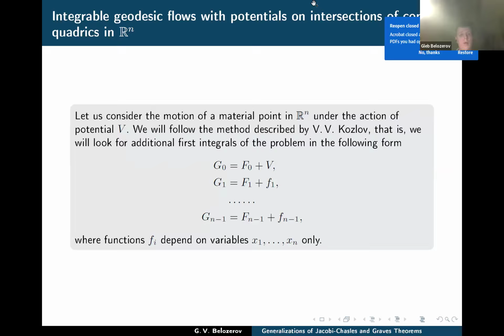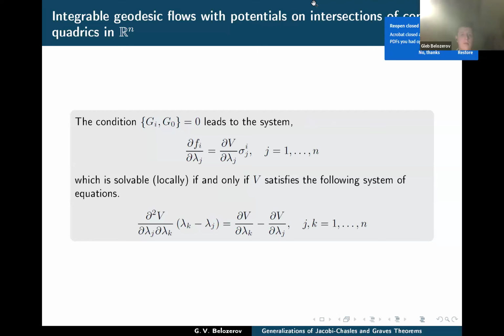That is, we will look for additional first integrals of the problem in the following form: g_0 equals f_0 plus V, g_1 equals f_1 plus f_1 small, and so on, where the f_i are functions which depend only on the variables x_1, ..., x_n.